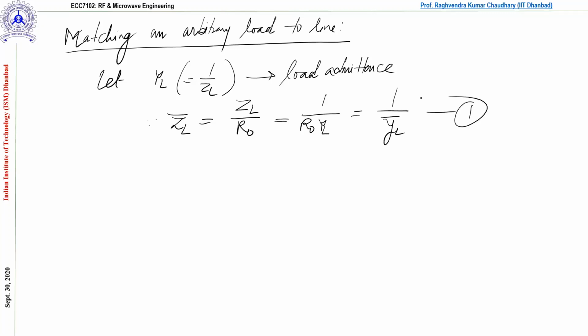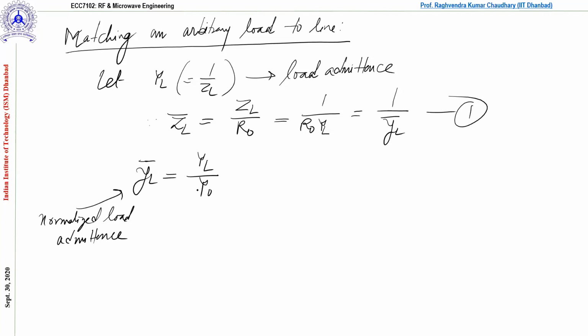This is one equation. Or we can also write YL bar, which is the normalized load admittance. We can also write this as YL over Y naught. This is also true. Or YL over G naught is equal to R naught YL, the same thing you can see here.